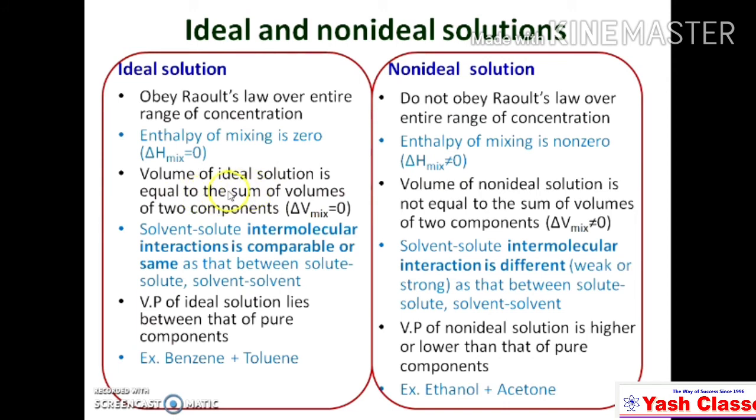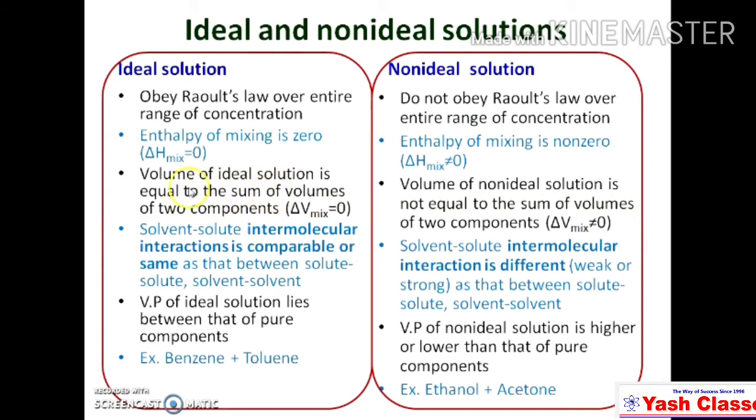Third difference is, in case of ideal solution, the volume of that particular ideal solution is equal to sum of volumes of two components, that is delta V mixing is equal to 0. What is the meaning of this? At the time of preparation of ideal solution, for example, 100 ml solute mixed with 1 liter solvent, the resulting volume will be 1100 ml.